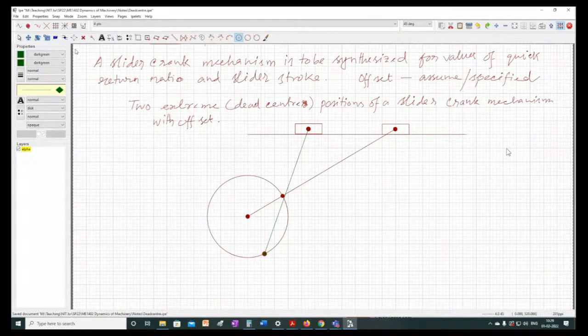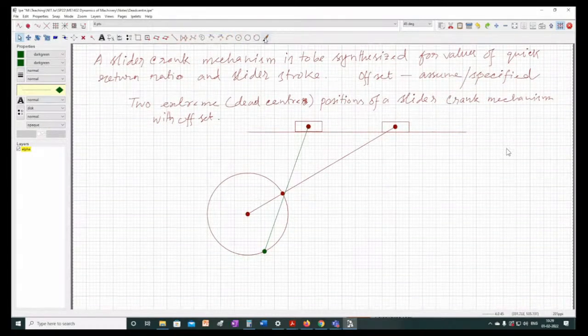this is a case where you see we have drawn two extreme positions. This is one of the extreme positions and this is another extreme position.